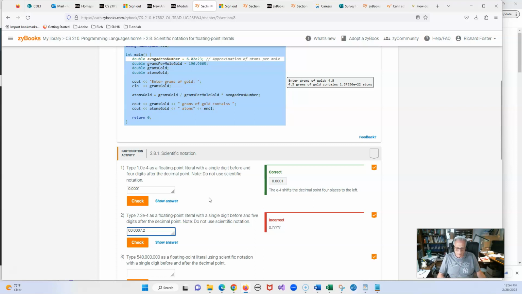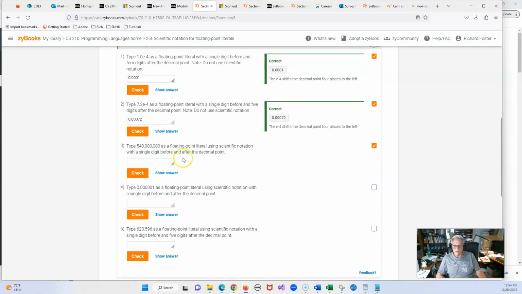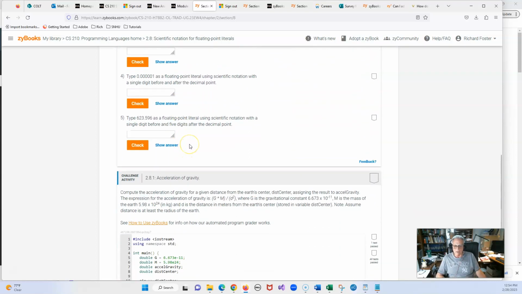We're going to put the decimal point here. We're going to leave the leading 0 there. And we need to get rid of this decimal point here. So now we have a single digit before the decimal point and 1, 2, 3, 4, 5 after. So let's see how we did. And by golly, we have it. So these are just more practice for you, so I'm going to let you do this.